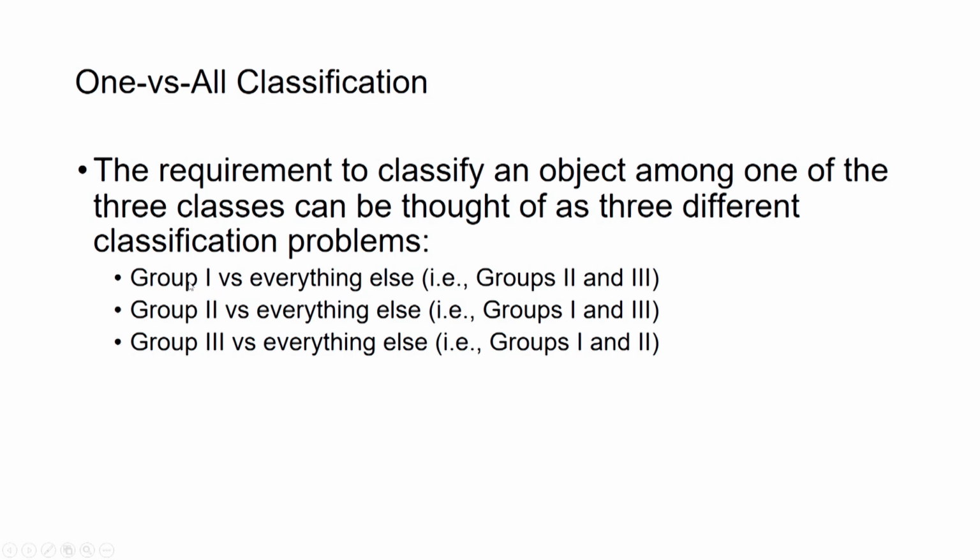The first model will be learned for class 1 versus the rest of the 2 classes. Then the second model for class 2 versus the rest of the 2 classes, and class 3 versus the rest of the 2 classes. Because we are using the sigmoid function, logistic regression is only for the binary classification case.